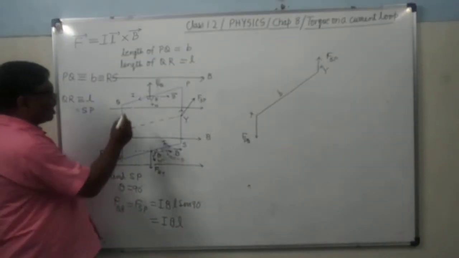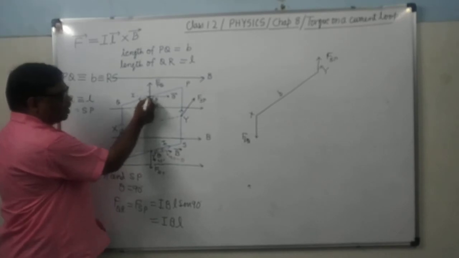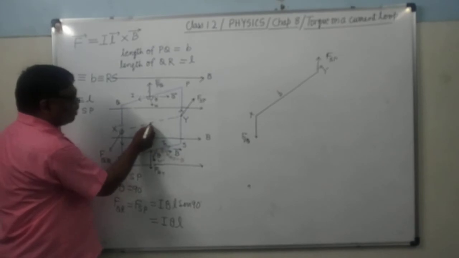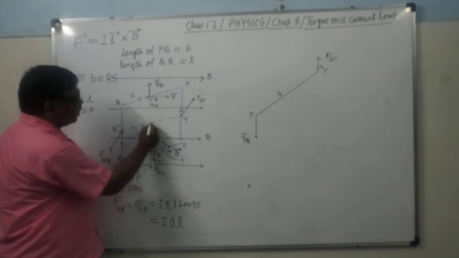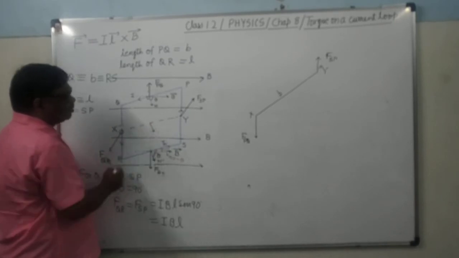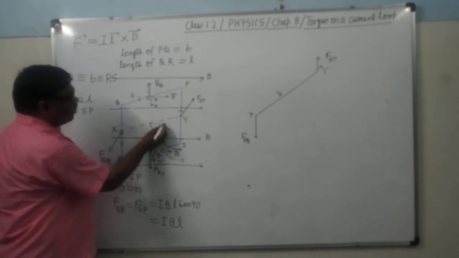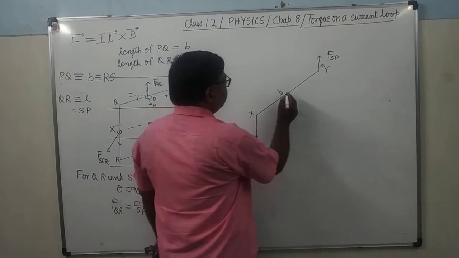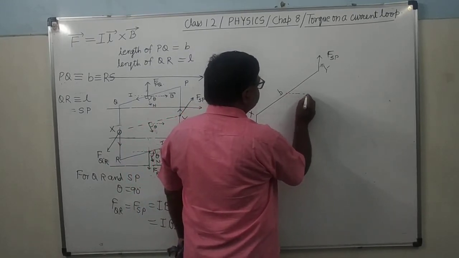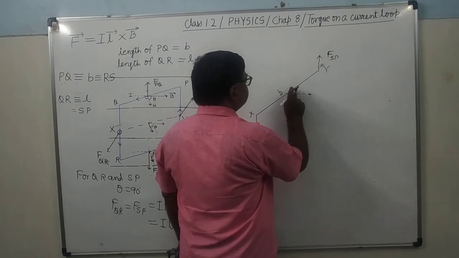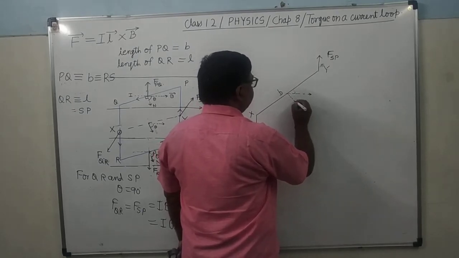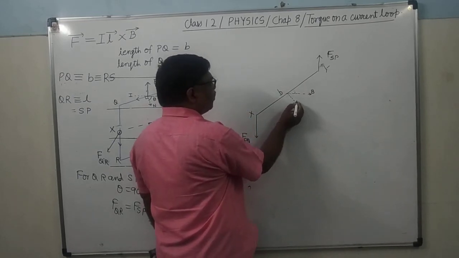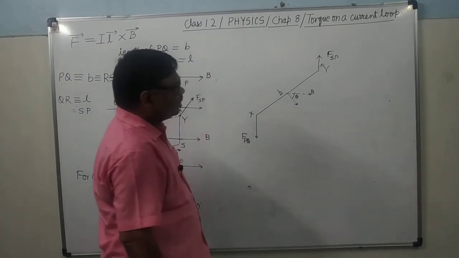One more thing, the normal over PQ makes what angle from the magnetic field? Theta. So the normal at any point over XY, you draw the normal here. It will make what angle from B? Here also it will be theta. The angle will remain the same. This is the direction of the magnetic field, and this is the normal over XY. So this magnetic field vector makes what angle from the normal? Theta. It's clear? So this angle will be theta.